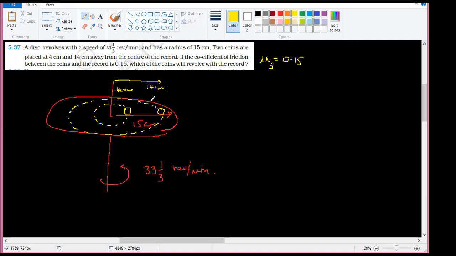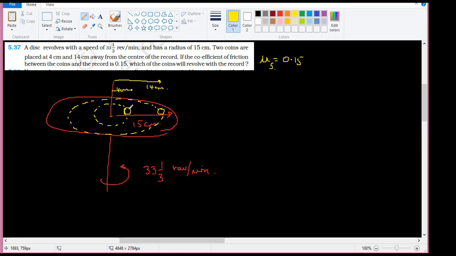Whenever there is a circular motion, you know that there is a centripetal force, which means as the disk spins faster and faster, the friction is what makes the coin stick together with the disk.